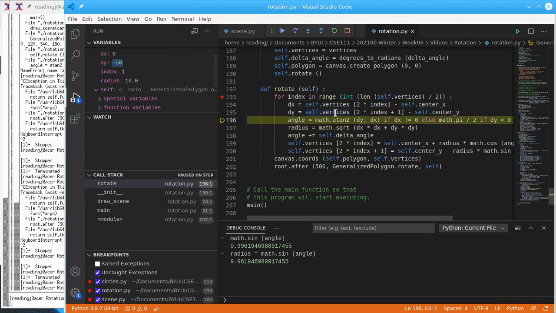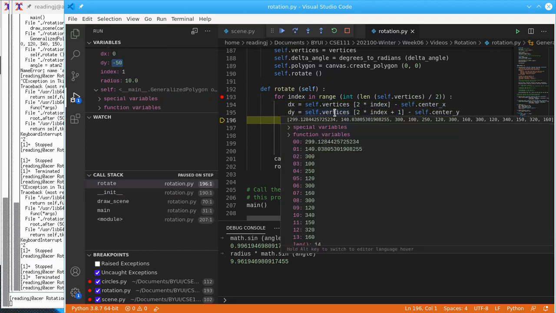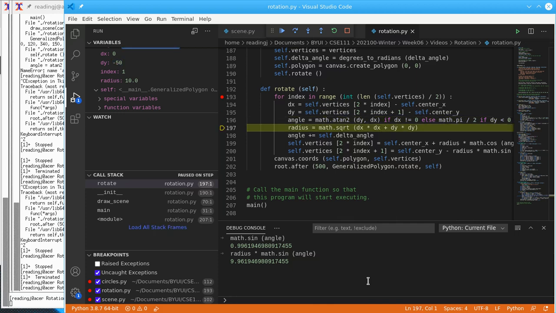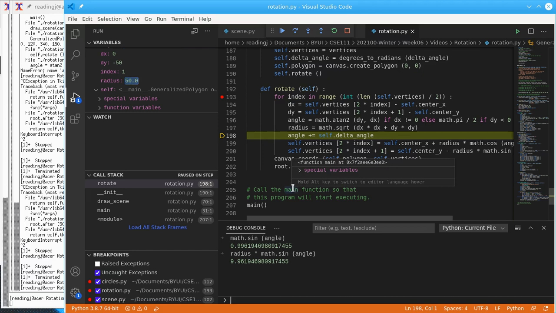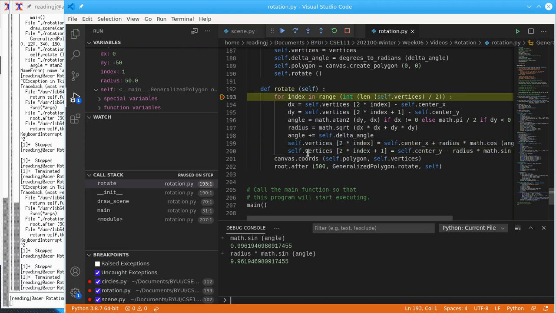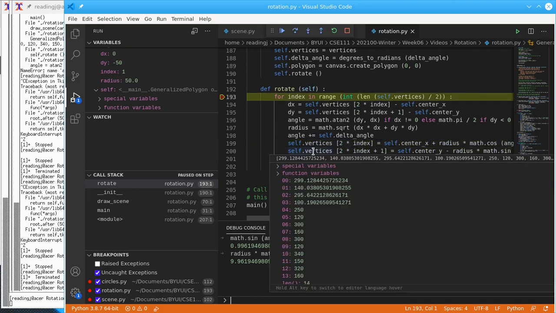So what's the next vertex? 300, 100. Okay. Angle is still pi over 2 because dx is still 0. So it's 300, 100. Now it's 295, 19.